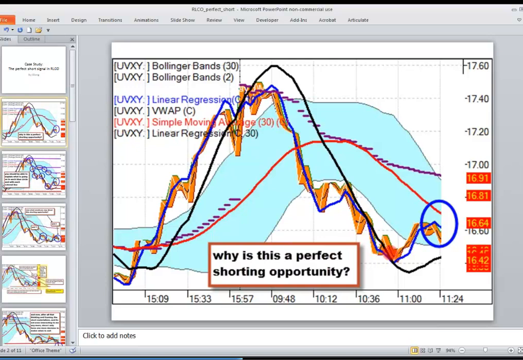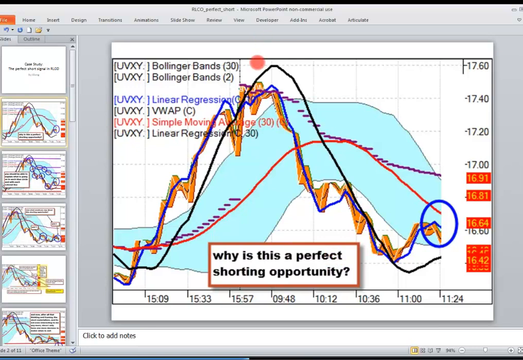I really like what it does. I find it visually appealing. It gives you about the same kind of area that if you were to just make a channel out of the real bodies of the candlesticks, you'd probably see about the same thing. But for right now, I actually like the way it looks. And when you have it on short-term time settings, it makes the price look like it's fluttering in the breeze.